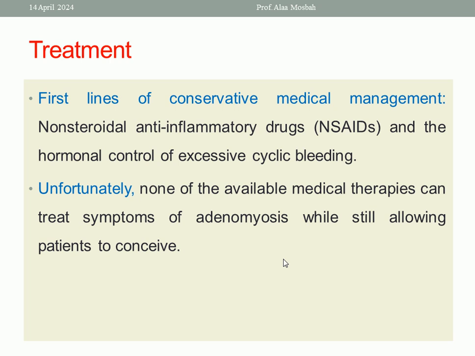Unfortunately, none of the available medical therapies can treat symptoms of adenomyosis while still allowing the patient to conceive. So, you may give medical treatment controlling pain, but can't improve or manage the infertility. Okay?